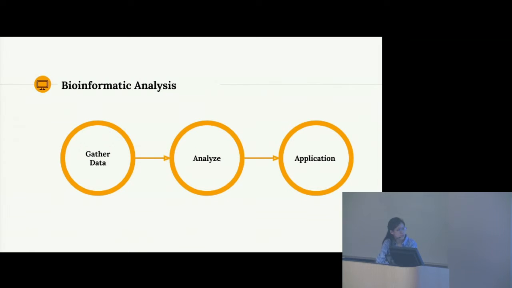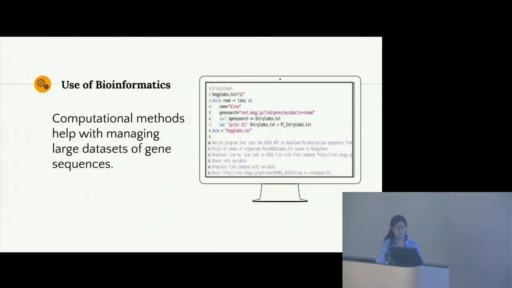So I wanted to talk next about how I carried out this project. I used bioinformatic analysis, which is basically using computational programs to carry out your work. And my process was gathering data, analyzing that data, and then finding out the implications of it.